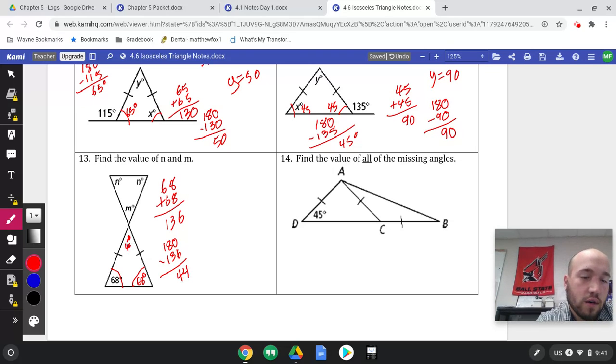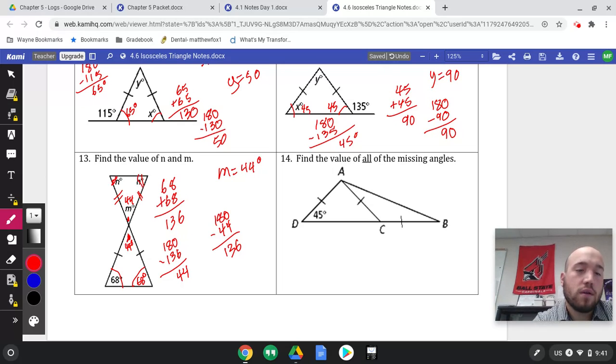That goes right here. Hopefully you're noticing this angle and this angle. Those are called vertical angles, which means they're the same. So we already know that m has to be 44 degrees. Now we can take 180 minus that 44, and we'll get 136. We know if n is in both of those angles, that means they're the same, which would tell us that this is an isosceles triangle also.